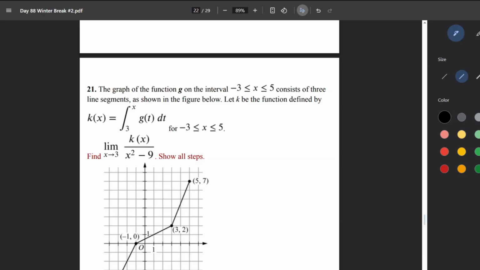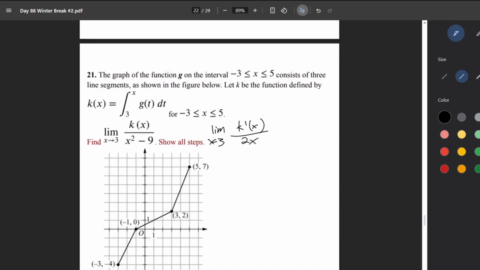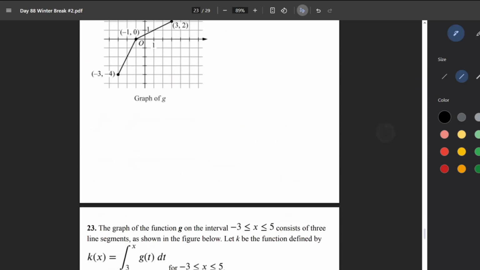Oh, sorry, it'd be 0 over 0 because it's the function. So let's do L'Hopital's rule, proper notation: k dash of x over 2x. So k dash of x equals g of x, which we found earlier. So it would be 2 over, plug in 3 here, 6, equals 1/3. Alright, easy pages so far.